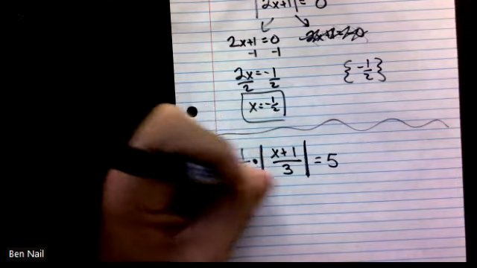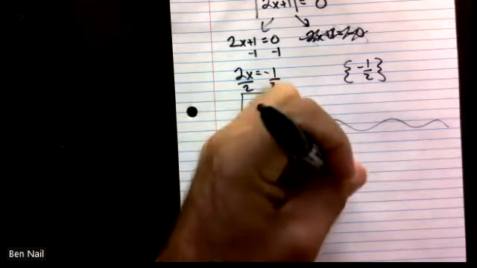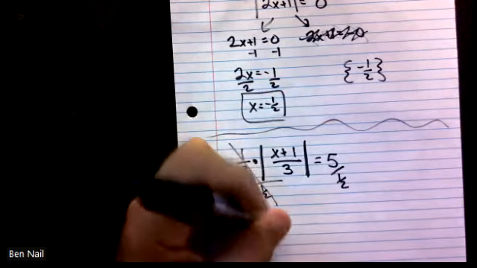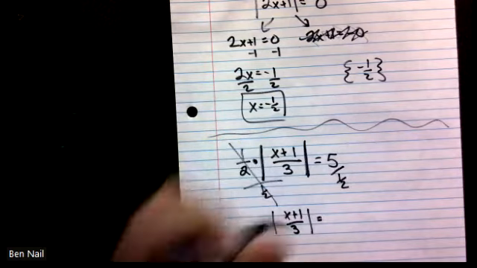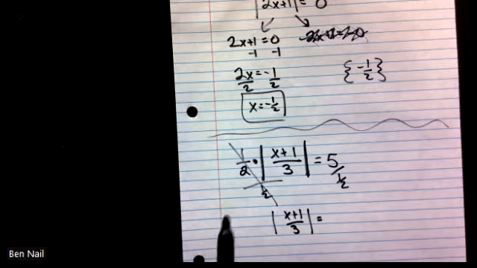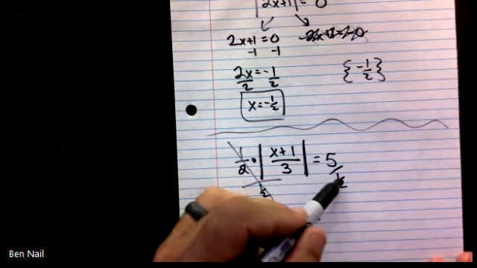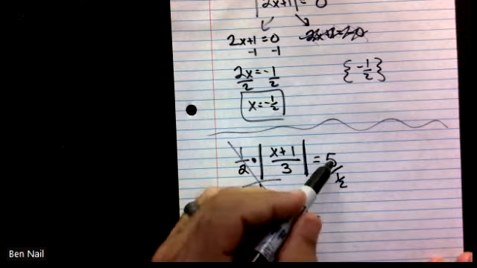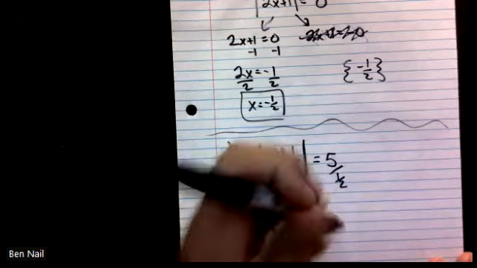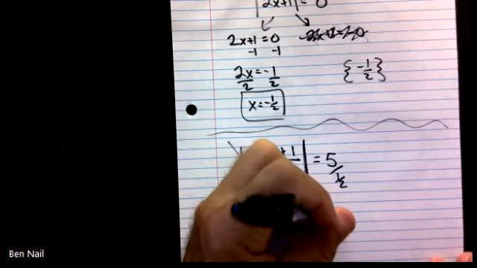Again, the opposite of multiplying is to divide. Now, when you use your calculator, this will make sense, but 5 divided by a half, you're not multiplying those together. So 5 divided by a half is 10.